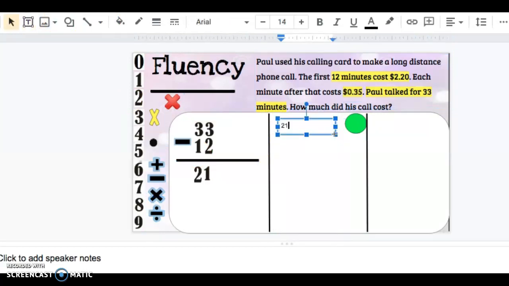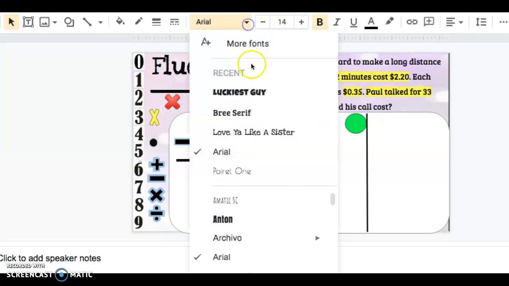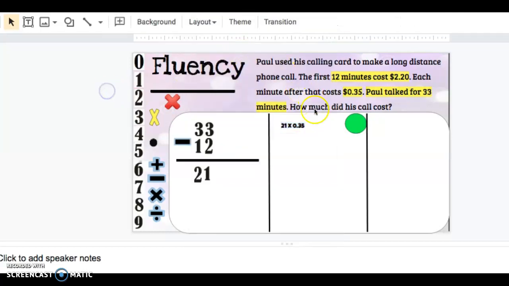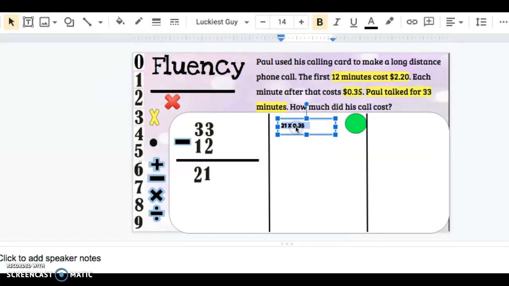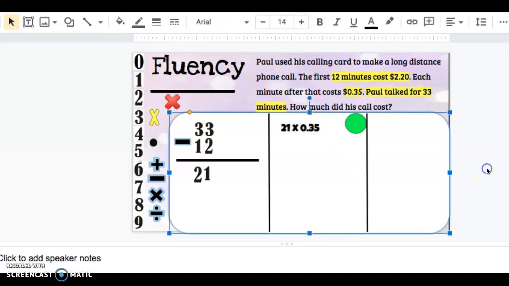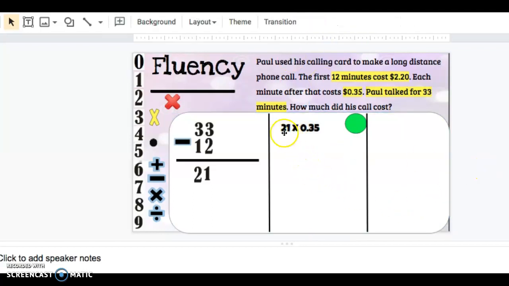So if it's 21 minutes, you're going to times it by your 35 cents. Okay, so here's our problem that we're computing, and I'll even make it bigger for us. Okay, so now we have to do 21 times 0.35.